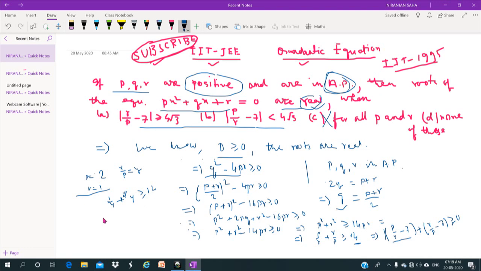So this can be further done that this will be y square minus 14y plus 1 greater than equal to 0.